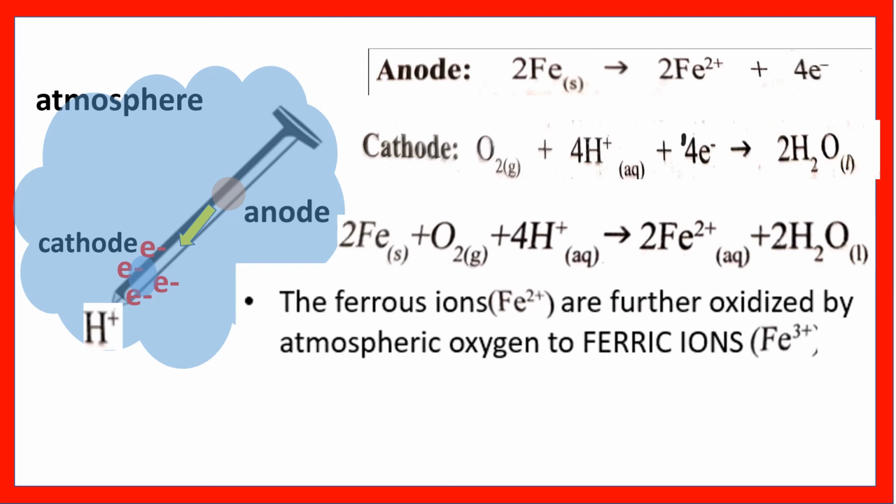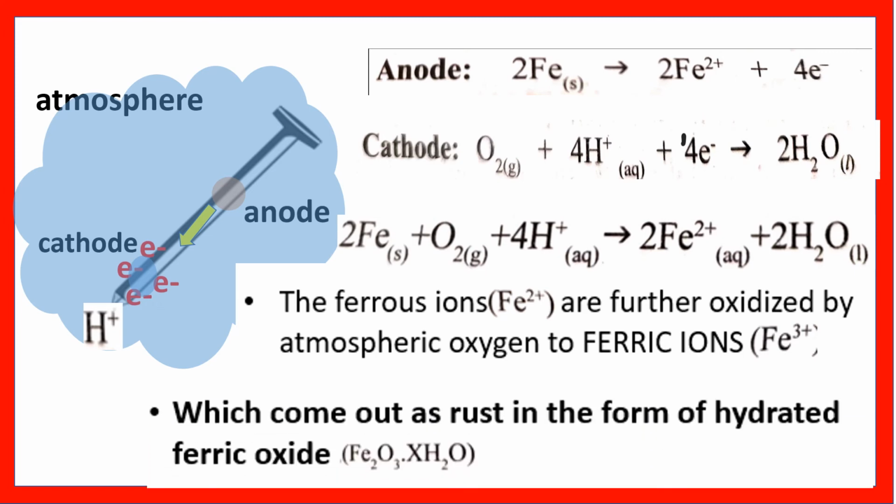The ferrous ions Fe2+ are further oxidized by atmospheric oxygen to ferric ions Fe3+. That means after formation of ferrous ions, they take further oxygen from the atmosphere and form ferric ions.